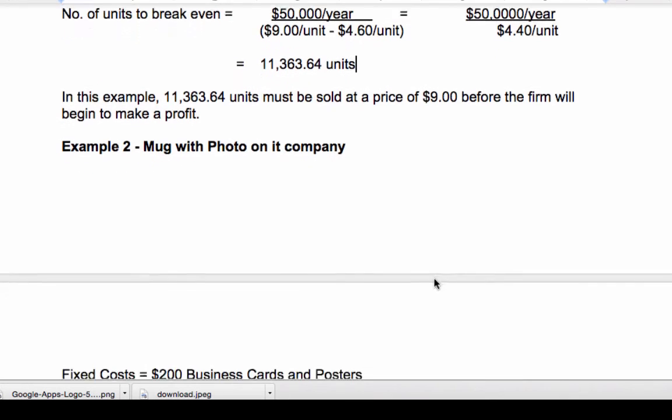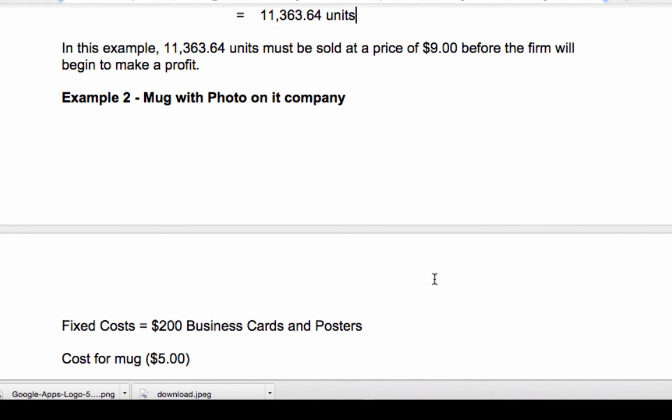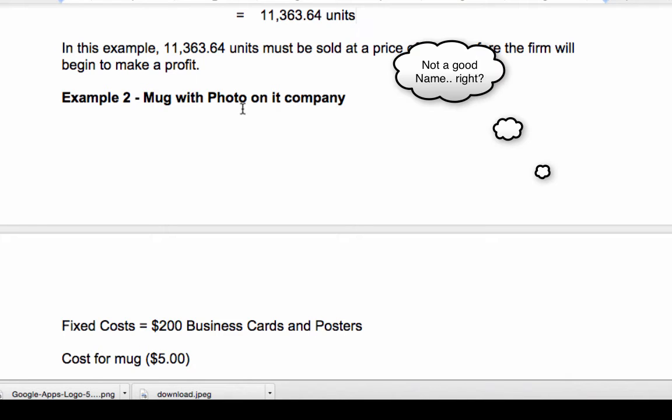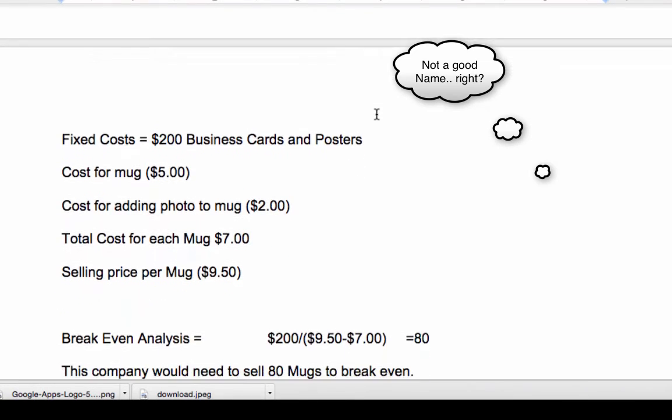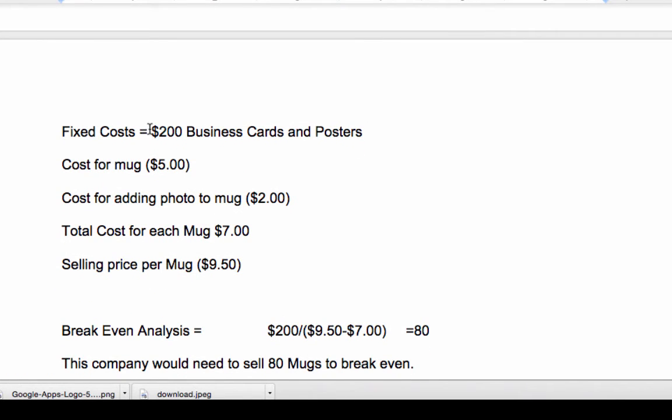Let's look at a different example. So let's say we're in our businesses, in our classroom, we're selling mugs, and we're going to put personalized photos on it. Do you like the name of the company? Mug with Photo on It Company. Not very creative. Anyway, so let's say this is a small group in our class, and they bought business cards and posters, and their costs for that stuff was $200.